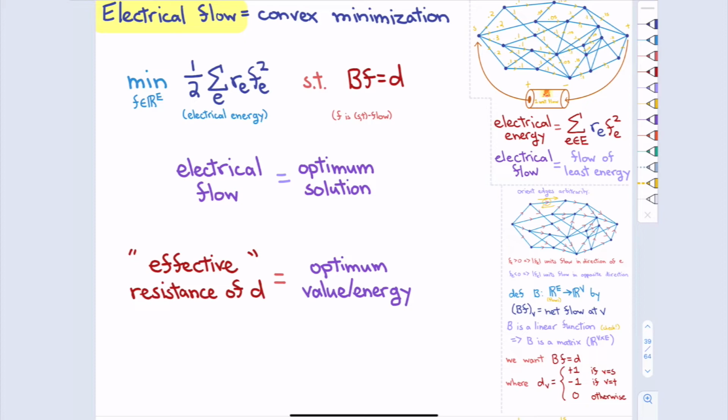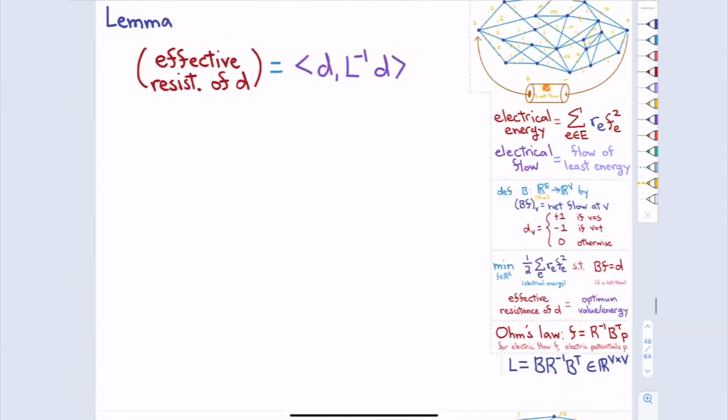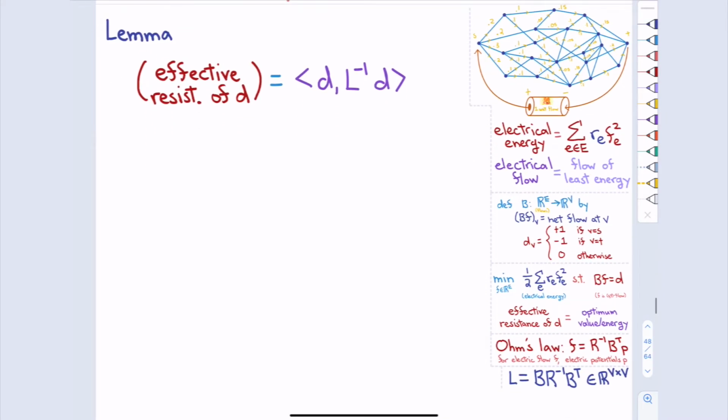So the value of the optimization for a particular value of D is sometimes called the effective resistance of D. At some level, it's because the network is sort of acting like one edge of that resistance between those endpoints, if D was an ST pair. Okay, so parsing this lemma then is saying that the electrical flow, the optimum solution for a particular value of D, is equal to, again, some very nice closed form looking thing for L.